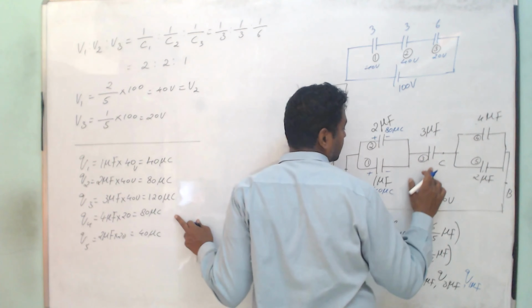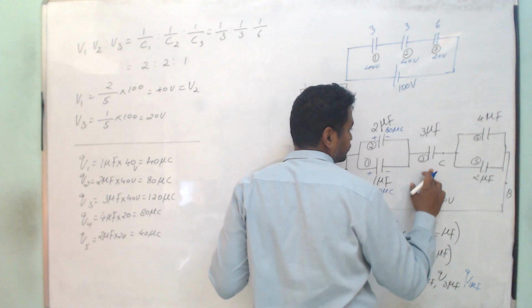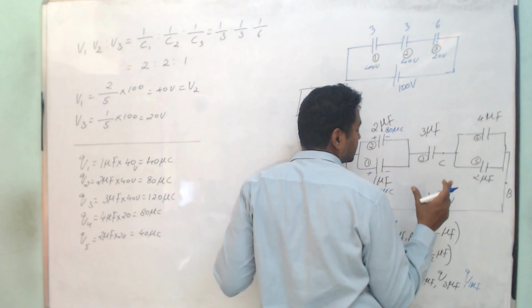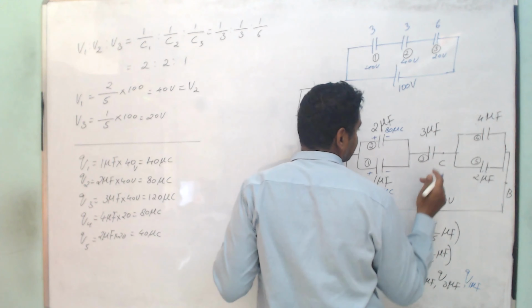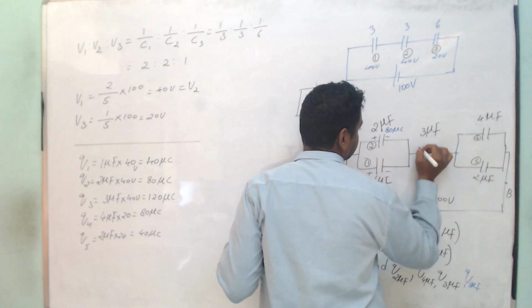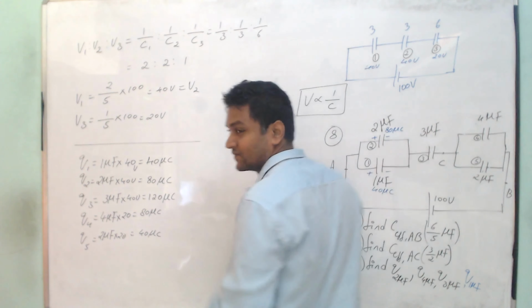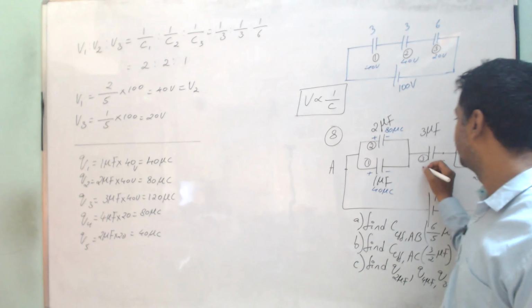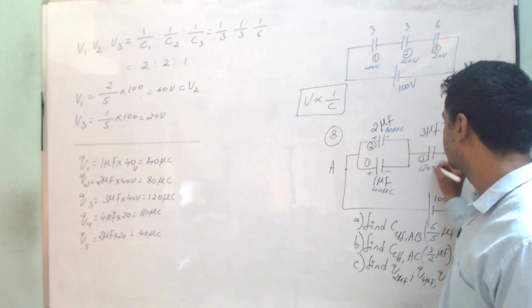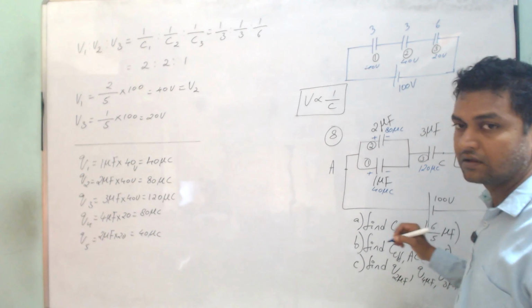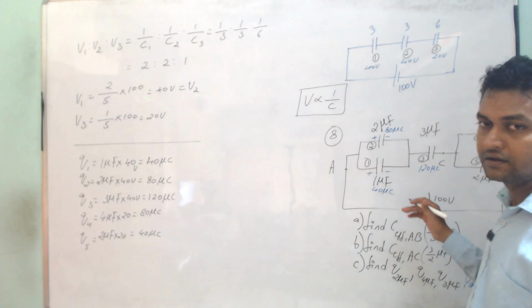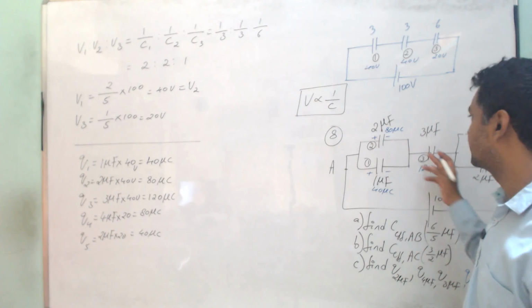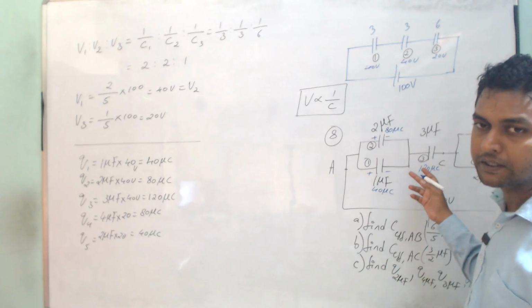Correct? So how should I put the sign convention? Plus and minus. Where is plus, where is minus? Sir, plus on the left side. But we can use minus on the left side also, right?